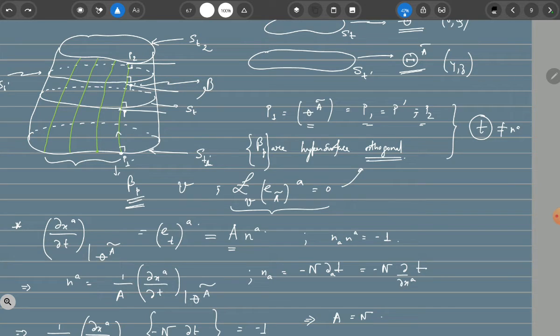So the curves beta p, analogously to the curves like gamma, could be parameterized, and it's a very convenient choice to parameterize it by the parameter value t.